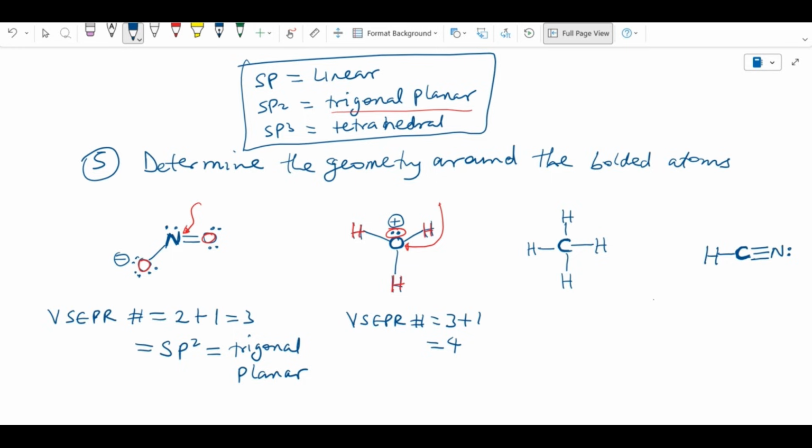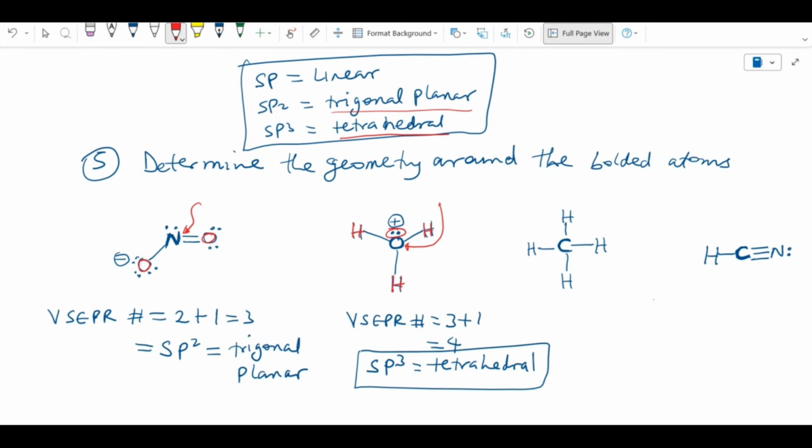If the steric number is 4, the hybridization will be such that s gets 1, and the remaining 3 are left for the p orbital. So you have sp3 hybridization. sp3 hybridization has a tetrahedral geometry. So we can say that that particular oxygen atom will have a tetrahedral geometry.